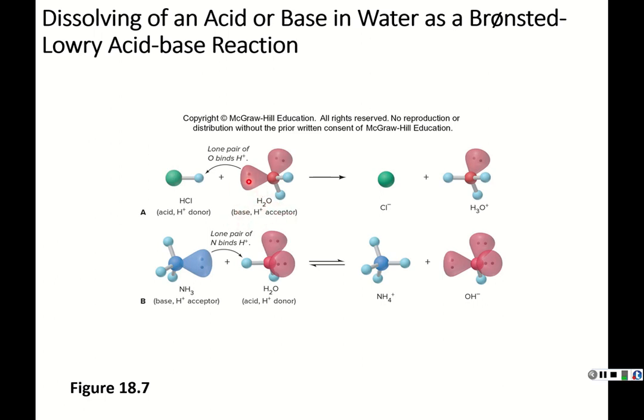Water can accept that proton because it has a lone pair of electrons. NH3, ammonia, also has a lone pair of electrons. Remember, it's a weak base. It can accept a proton from something like water and become NH4 plus, which gives OH minus. That's why this is a base: it's increasing the OH minus concentration.